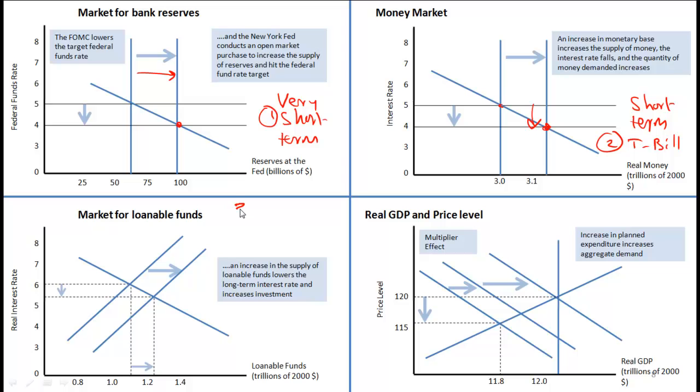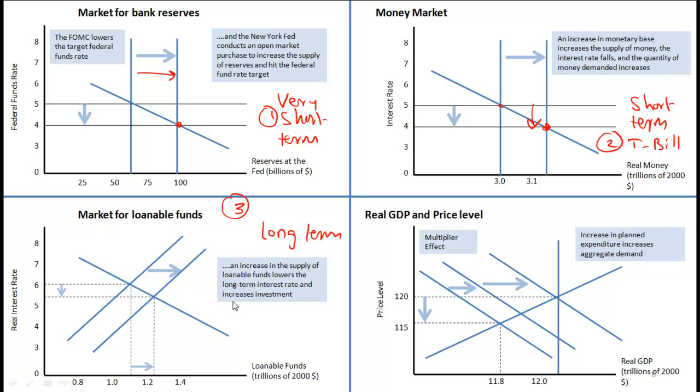Then number 3, this is more long term, and here we are talking about loanable funds, the funds that the bank lends out on a relatively longer term. An increase in the supply of loanable funds lowers the long-term interest rates and investment goes up.